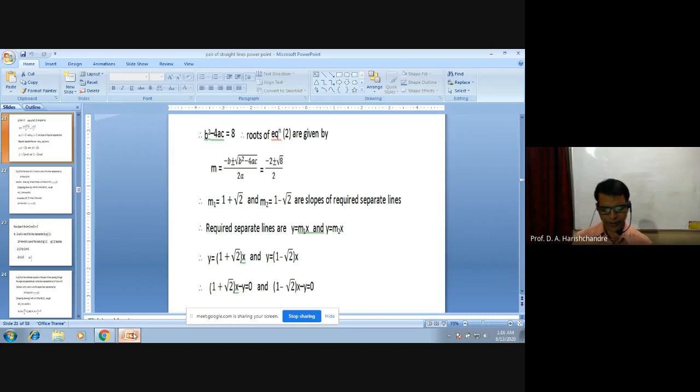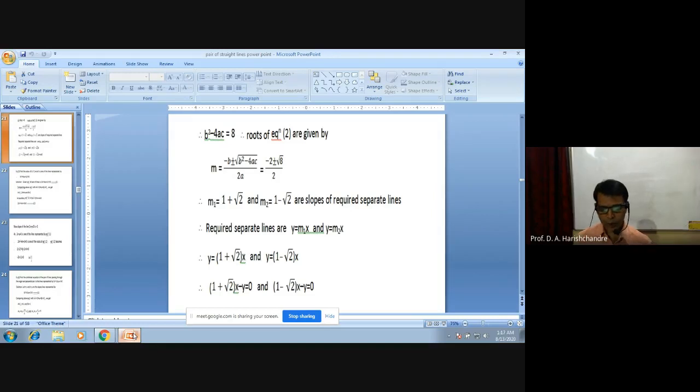So it becomes minus 2 plus or minus root 8 upon 2. Simplify this. Simplification gives you the two possible values of m. One of them can be called m1, and the second can be called m2. So m1 must be 1 plus root 2 and m2 will be 1 minus root 2.